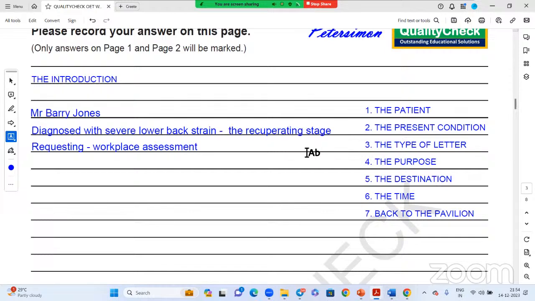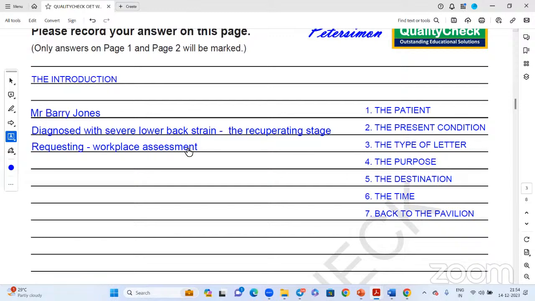So this is not a transfer letter, this is not a referral letter, this is not a discharge letter. You are just requesting him to assess the suitability of rejoining work. Okay, you're asking for workplace assessment. That means whether he can go for work or not, whether he can join work or not.